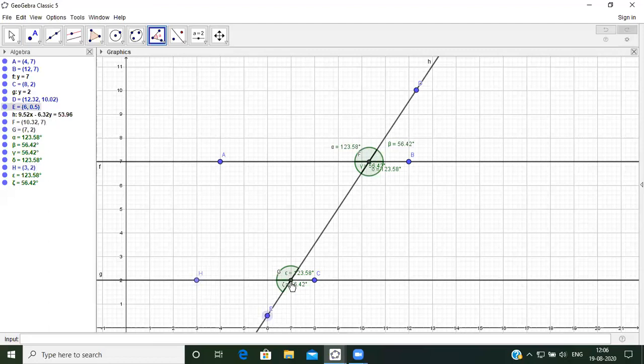Take all four angles in the same way. So drag the angles to one side.